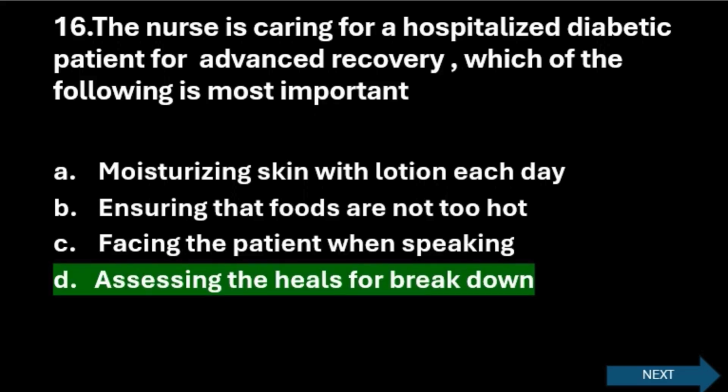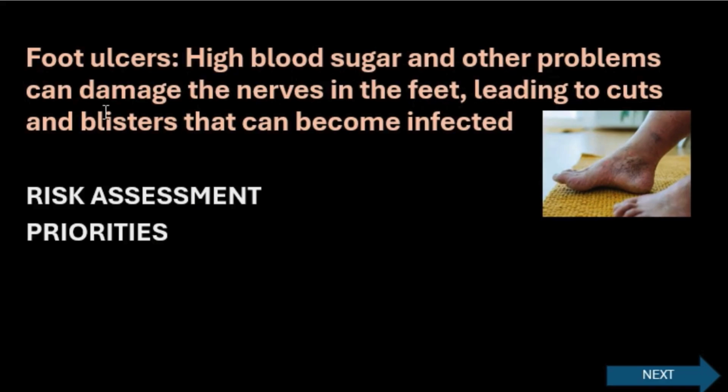Here in diabetic patients, you can see the risk assessment and its priorities. In the previous question about burns, especially first degree burns, the main issue was the pain. Because of that, the child was not eating.